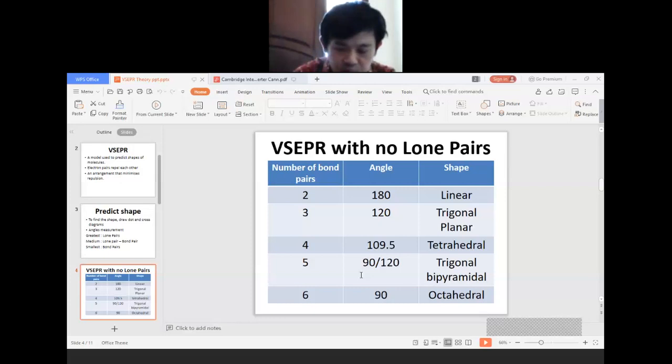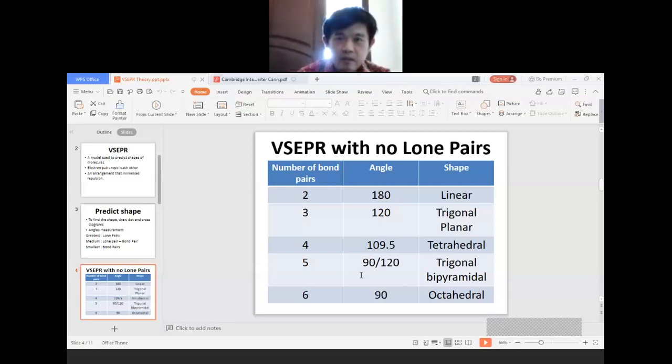What makes it different? Because there is a double bond. Many students consider that in CO2 there are 4 bond pairs with no lone pair. Some of them write it tetrahedral, but it is incorrect. It is linear. Why? Because later on in this period, we are going to study also about the overlapping orbitals.